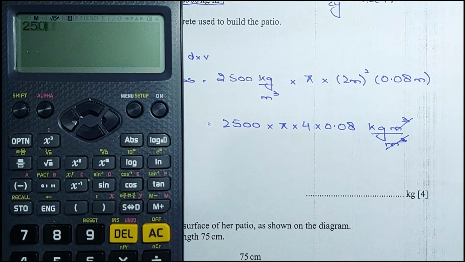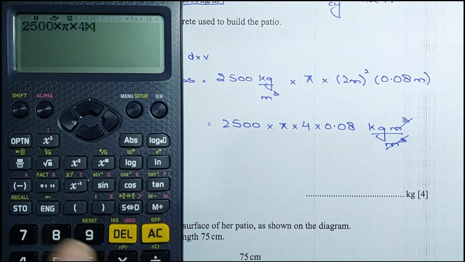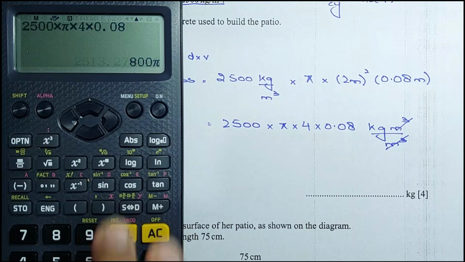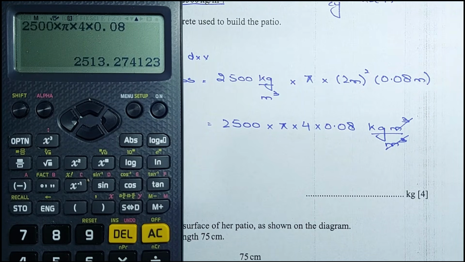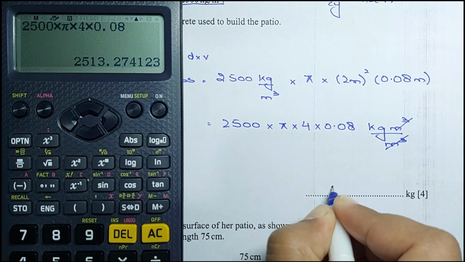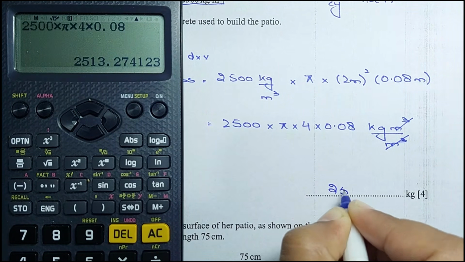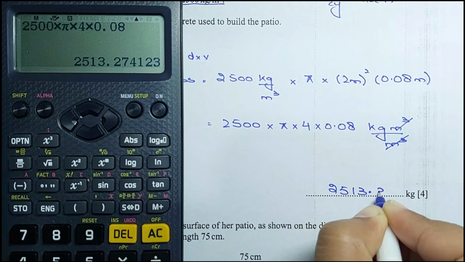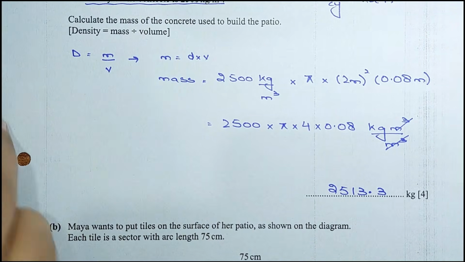So 2500 times pi times 4 times 0.08. This is 2513.3 we can say kilograms.